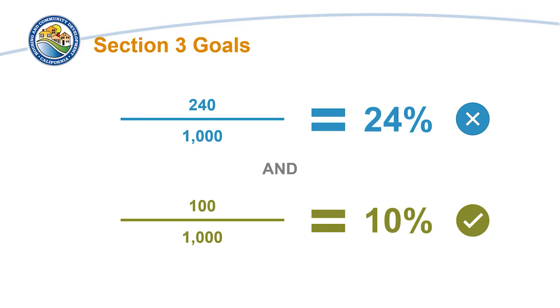The number of hours worked by Section 3 workers fell short of the 25% goal, but the number of targeted Section 3 workers was double the 5% goal. Since the Section 3 worker goal was not met, the grantee or subrecipient may provide written justification that although the Section 3 worker goal was not met, the targeted Section 3 worker goal was exceeded.